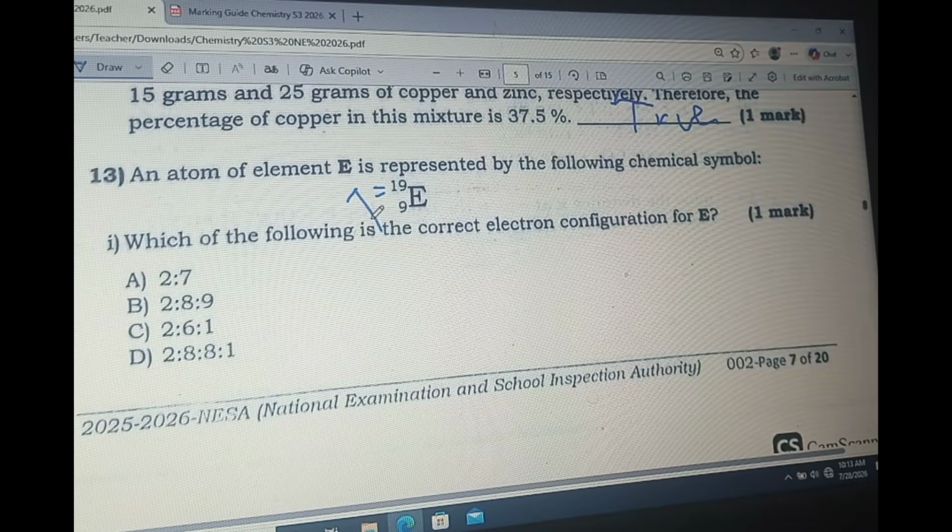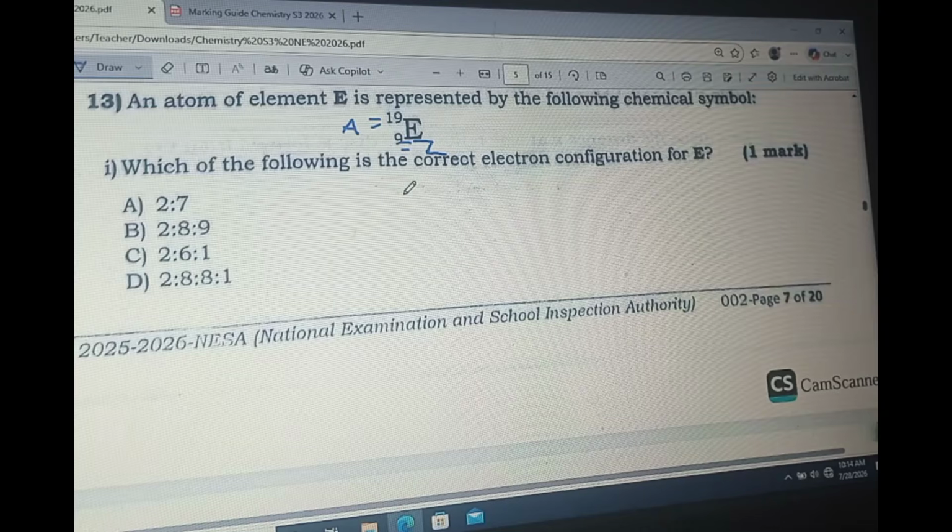Sorry, here this is Z. Which of the following is the correct electron configuration? In order to write the electronic configuration, we use the atomic number Z, which is 9, which means the electron configuration is 2, 7.